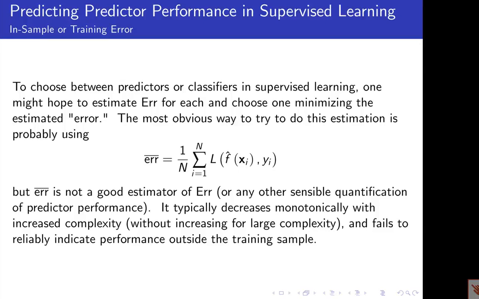Well, maybe the most obvious thing to try would be to invent an empirical version of this ERR quantity, that is, this generalization error.